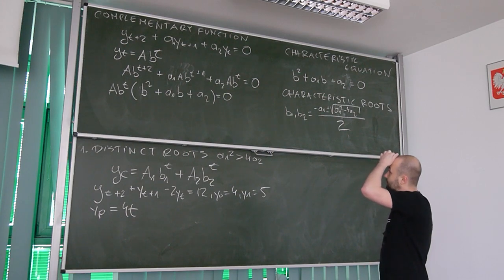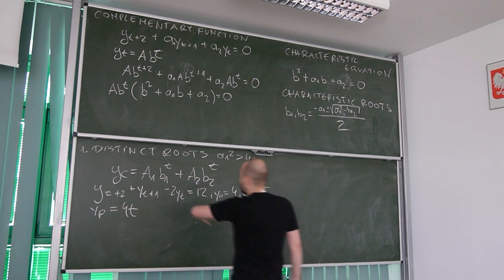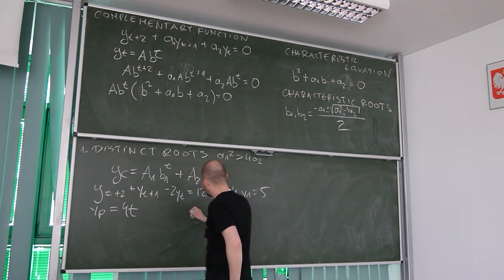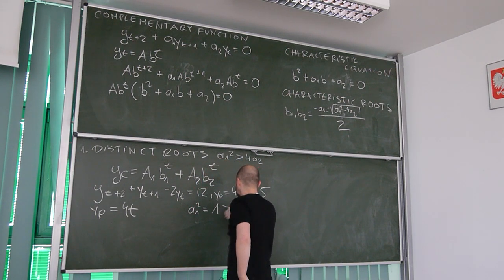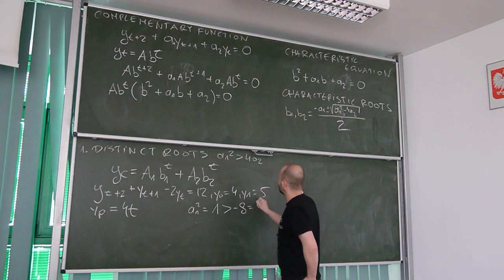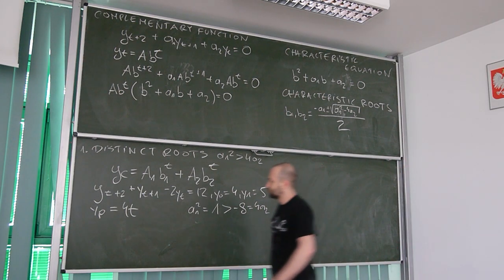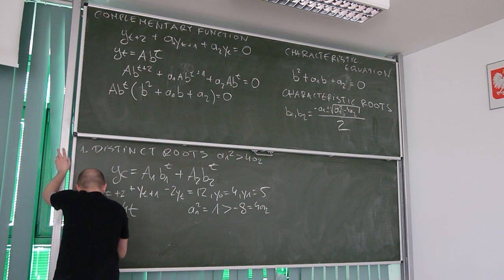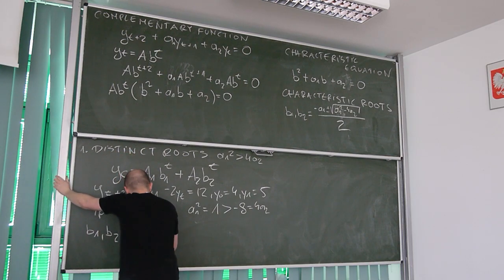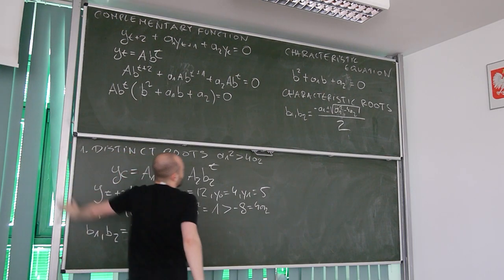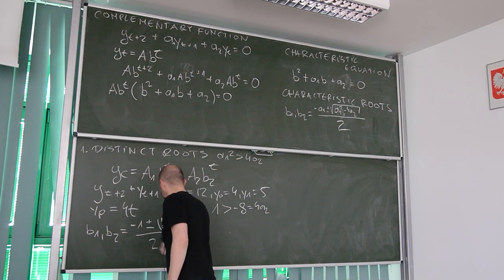a complementary function. So in this case, we see that a1 squared is equal to 1, which is clearly bigger than negative 8, equal to 4a2. So we can just substitute everything to the formula. Okay, so we will obtain two distinct roots. So we have negative 1 plus minus square root of 9 over 2.